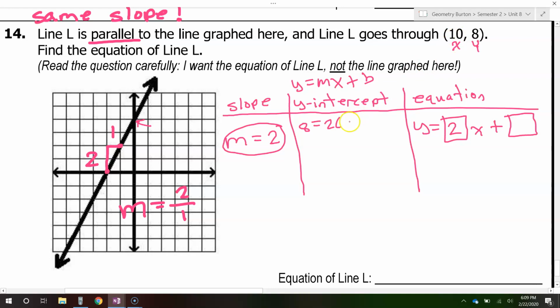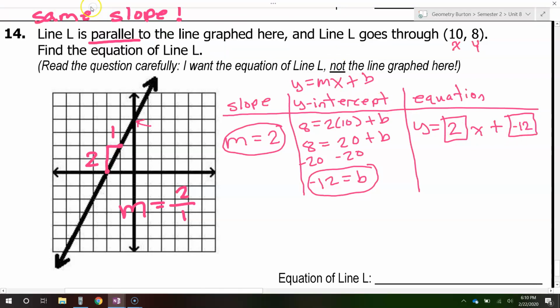And then for x, that is 10. And then plus b. So that's 8 equals 20 plus b. And then we subtract 20 from both sides, and we get negative 12. And that's b. So the negative 12 goes right here.